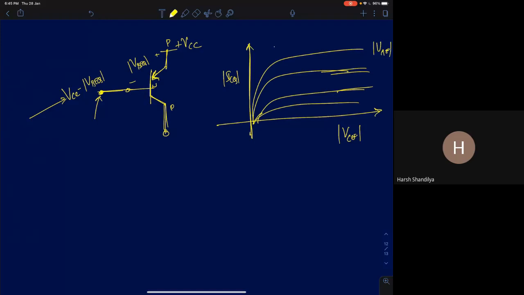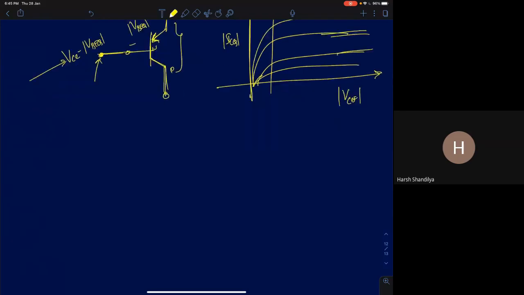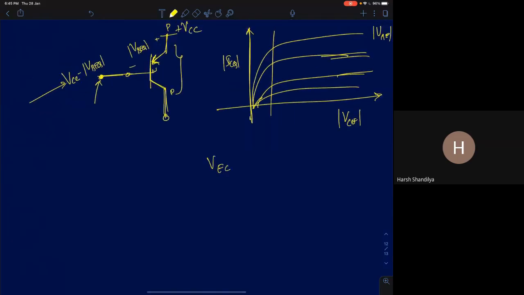So the same rules apply. VEC should be greater than 0.2, VEC sat. The emitter to collector voltage should be greater than 0.2.